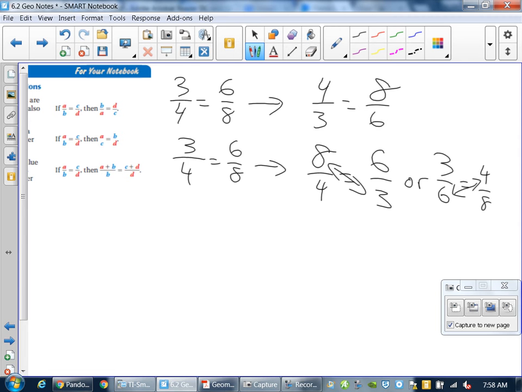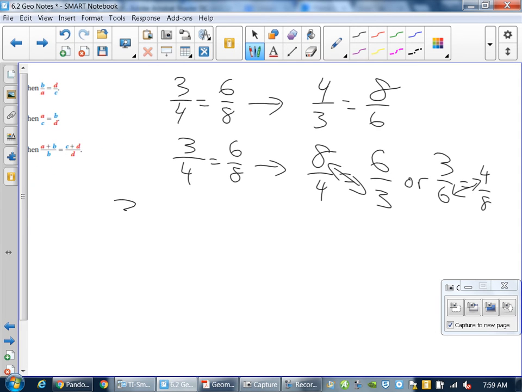It's pretty straightforward. The only other one that's a little bit weird is this last one. This was our true statement to start with, right? What's the denominator of the first fraction? 4. So I can do this.